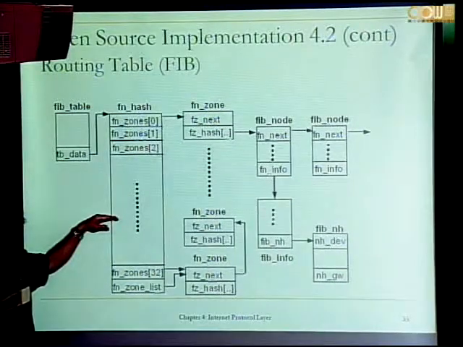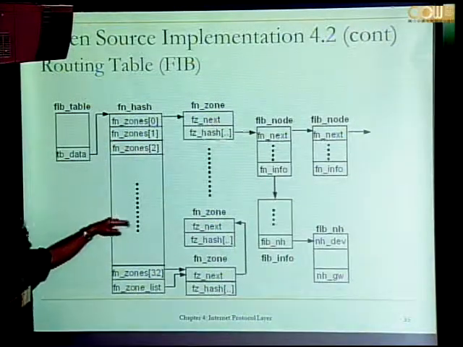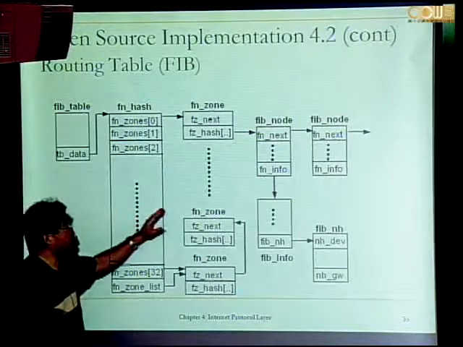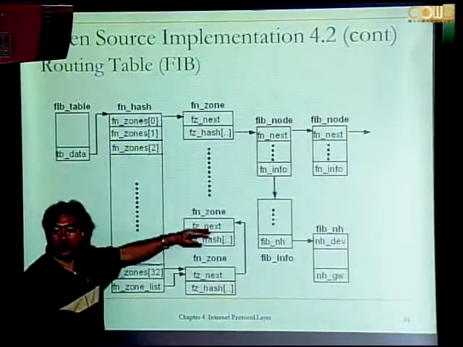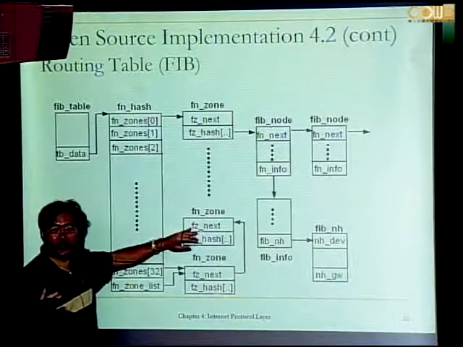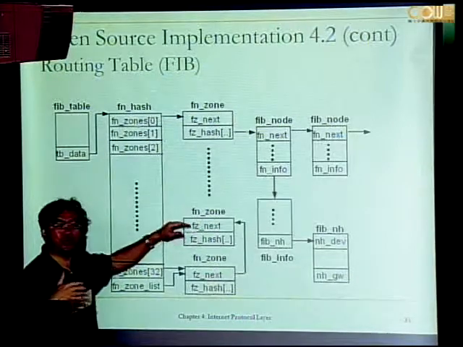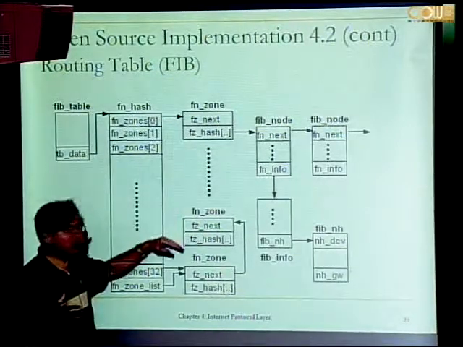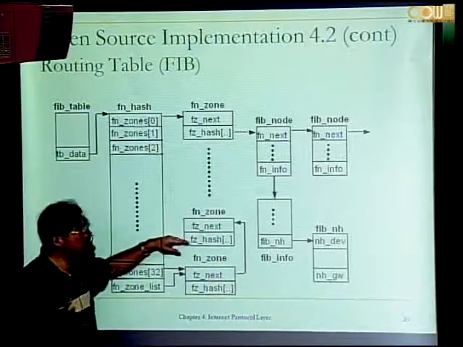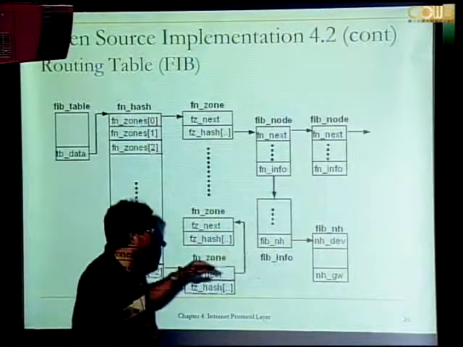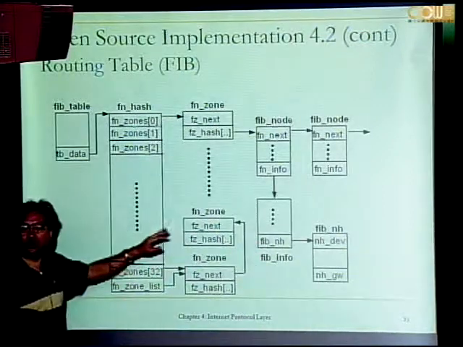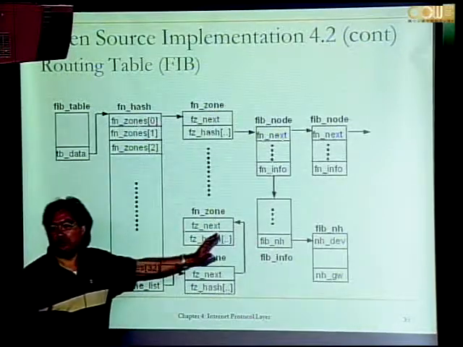Until 24, it's non-null. So I do the matching here. There's a hash table, so I take the destination IP address and feed it into the hash function, and then take the result as an index into this hash table. And then I do the matching on the linked list. Okay. So if I go through this and I don't match, then I do what?